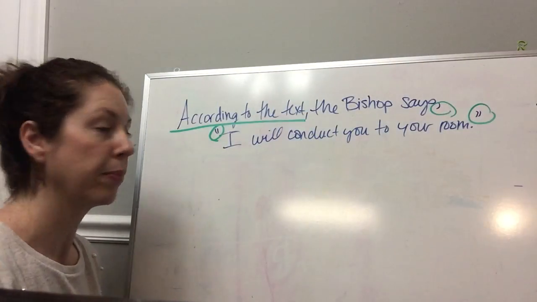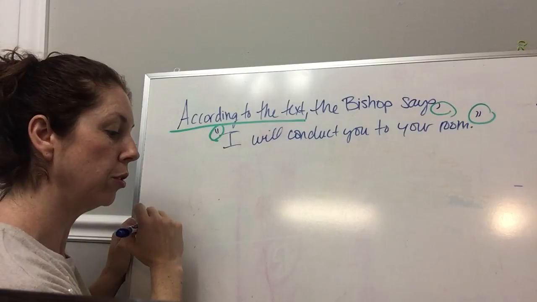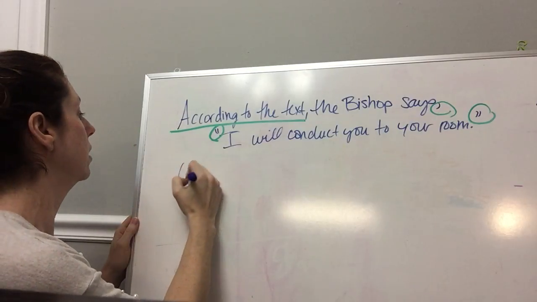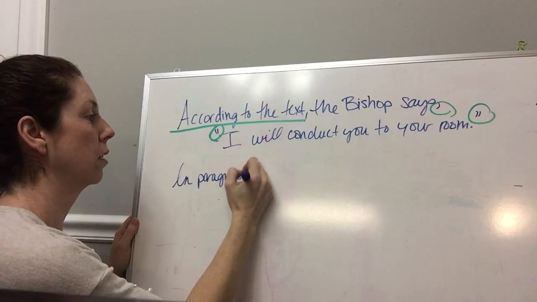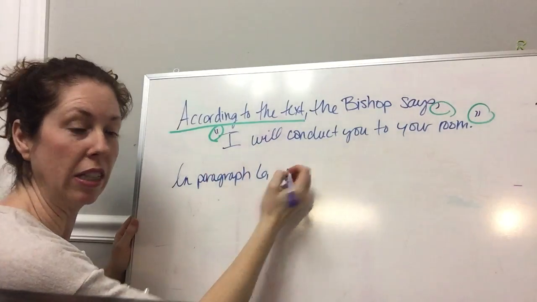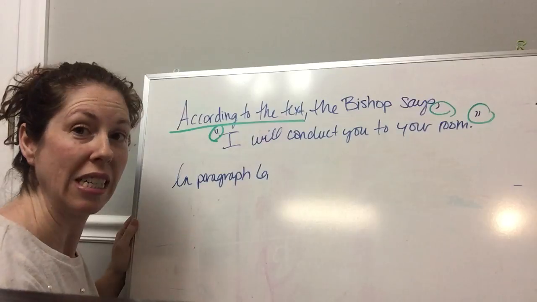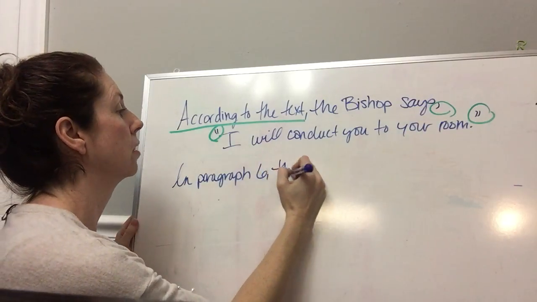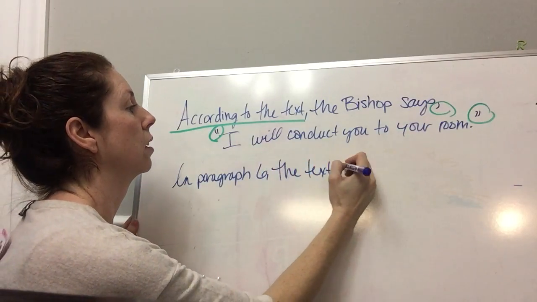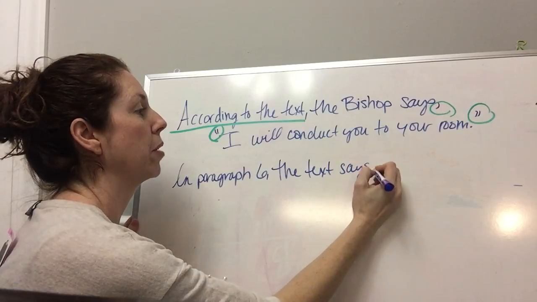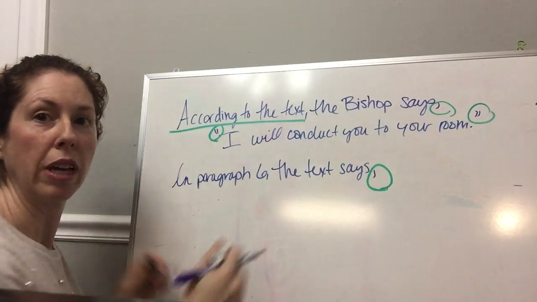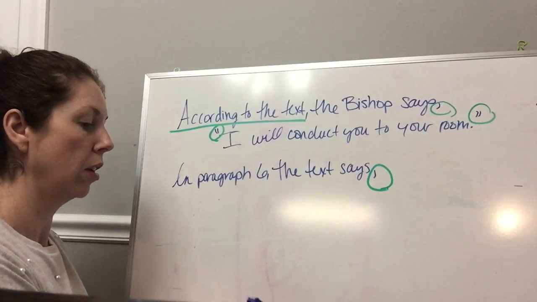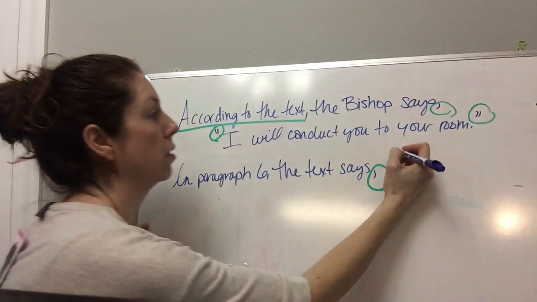Okay, let's do another one. I'm going to do in paragraph 6. In paragraph 6, the text says, and then I'm going to put that comma in there. The text says, make sure you put that comma, okay? And then I'm going to directly quote the text.